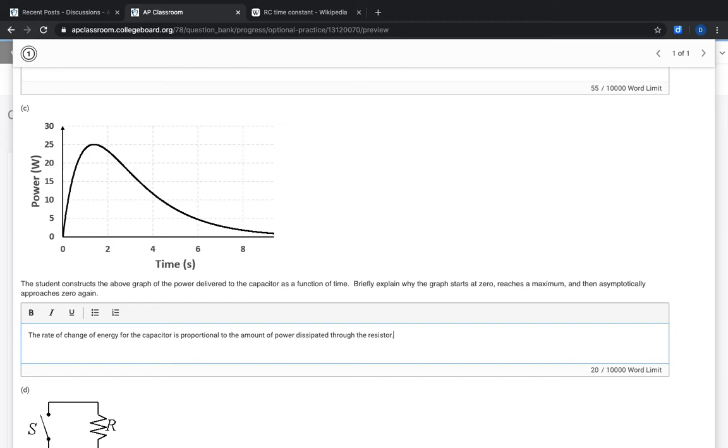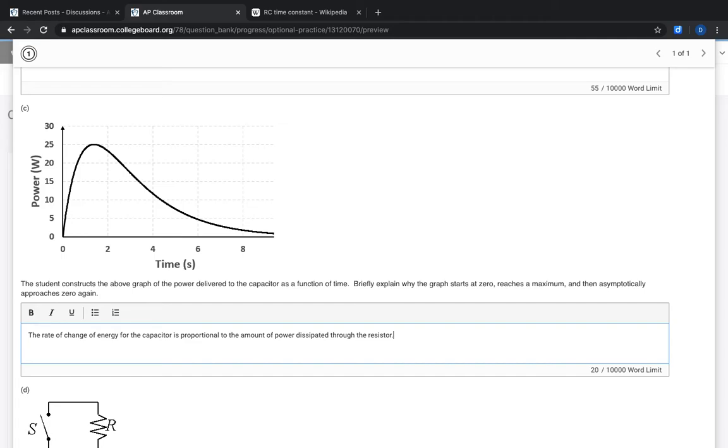Once the capacitor reaches full charge and it has the maximum amount of stored energy, power is no longer being delivered to it. And that happened when current stopped. So as long as there's current, there's going to be power delivered to the capacitor and power dissipated through the resistor. So hopefully you can see how those are proportional, or the same, I guess.